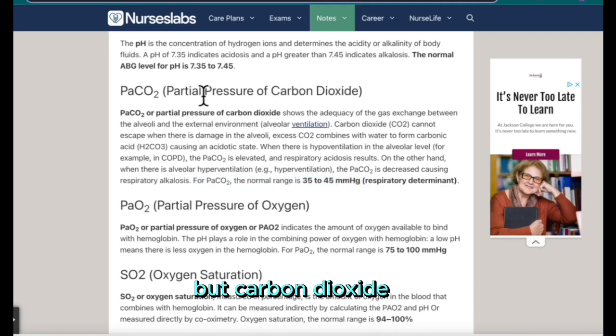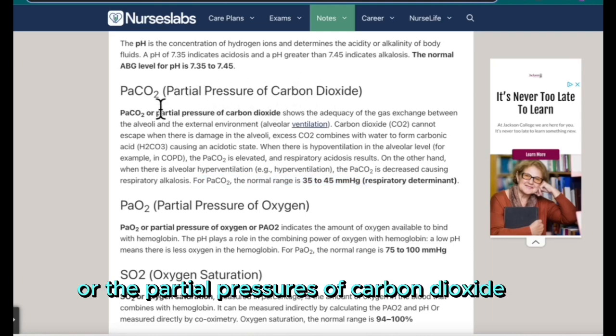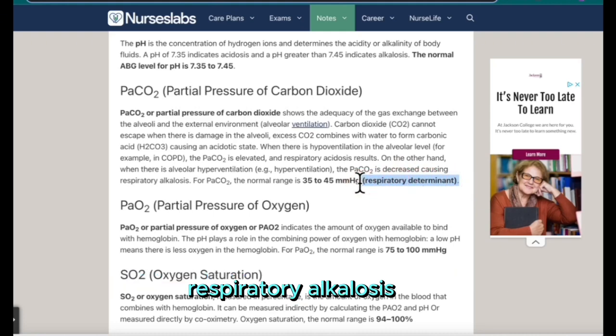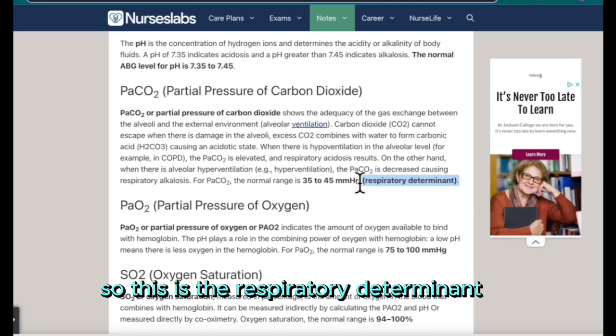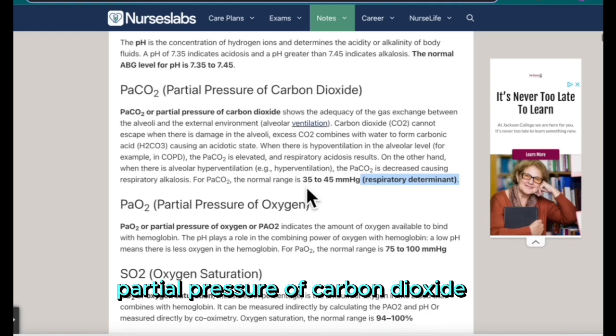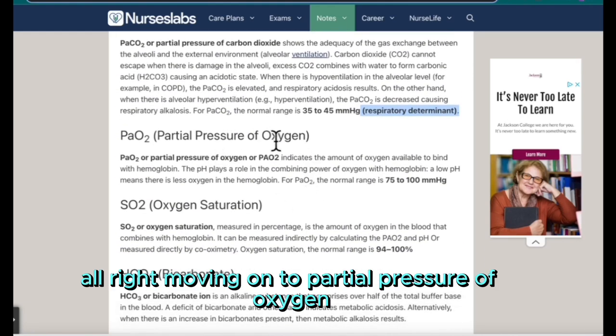But the partial pressure of carbon dioxide is the way we determine whether something is respiratory alkalosis or respiratory acidosis. So this is the respiratory determinant. Moving on to partial pressure of oxygen.